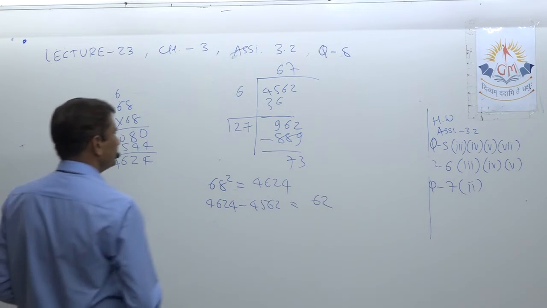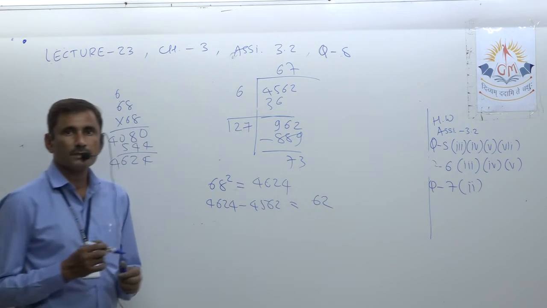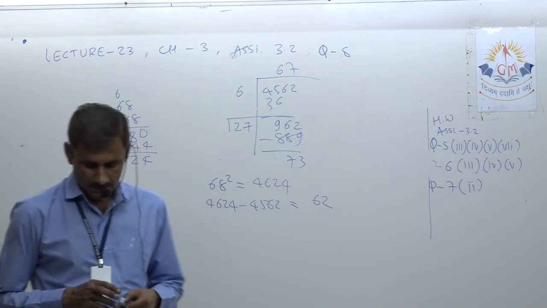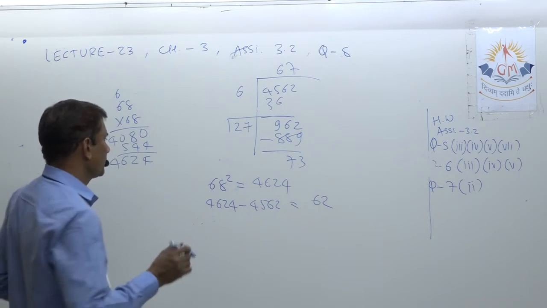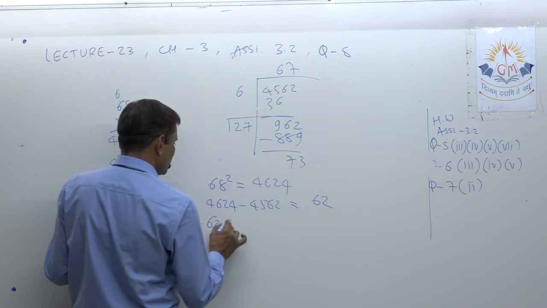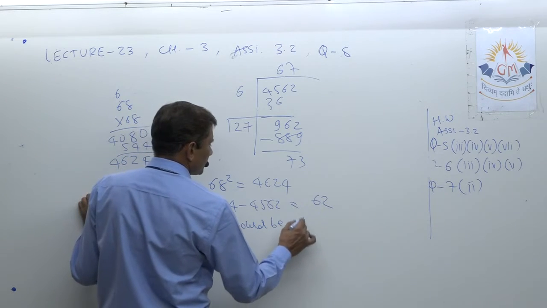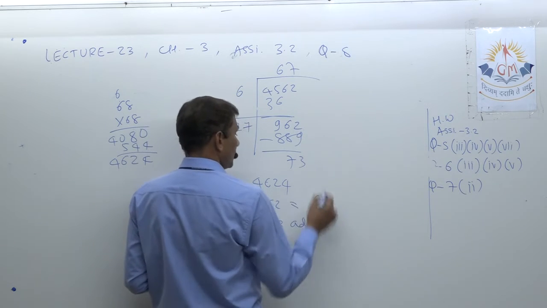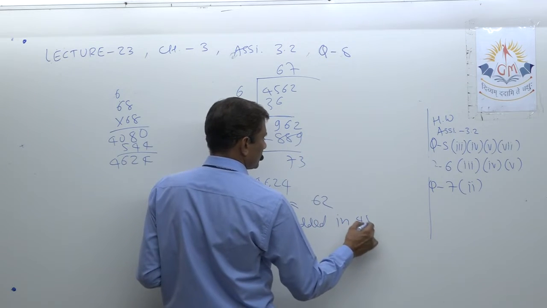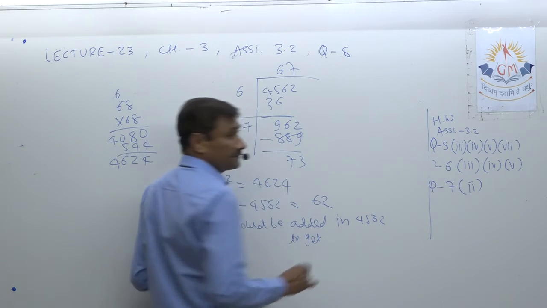So write down: 62 should be added. Therefore 62 should be added. Otherwise, if you want to clear everything, you say 62 should be added to 4562 to get the next perfect square number.